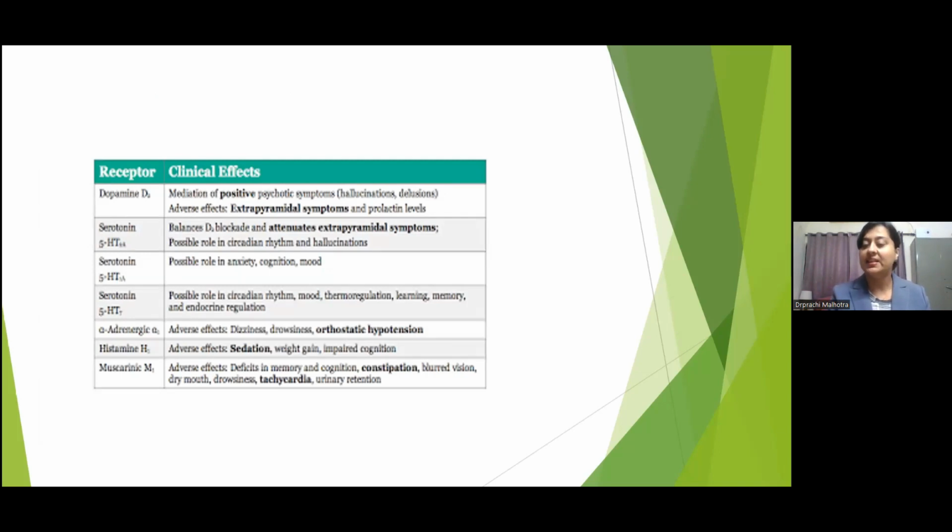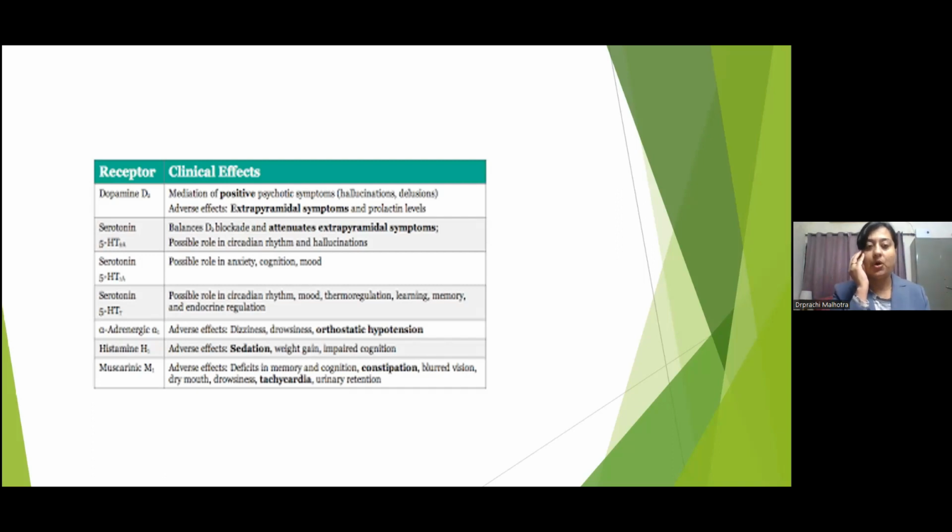It also causes anxiety, cognition, and mood disorders. Thermoregulation, memory and endocrine regulation are also affected by the serotonin effect of these antipsychotic drugs.